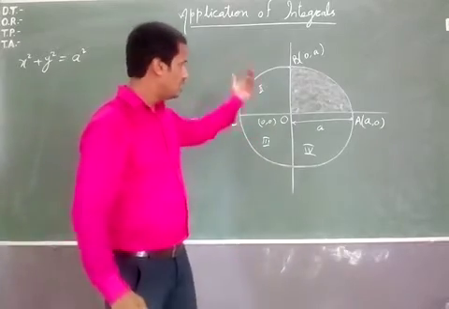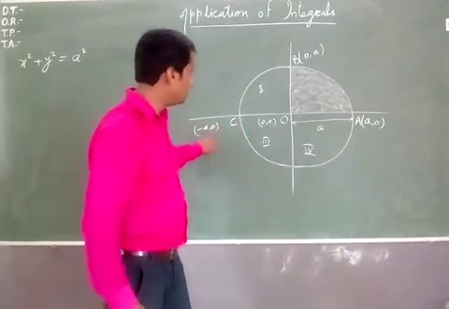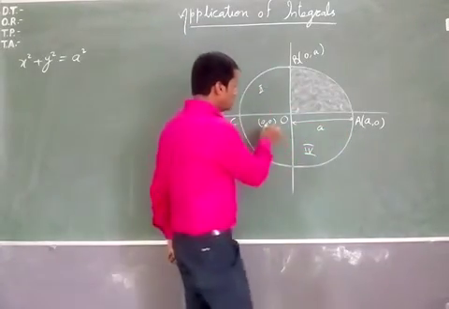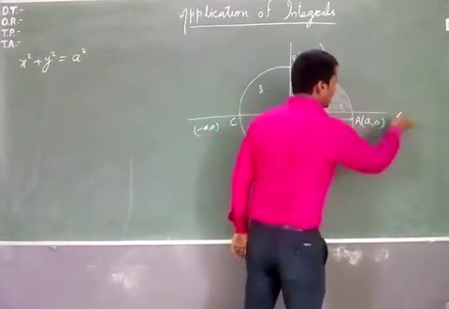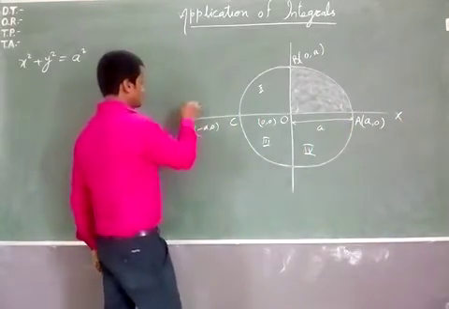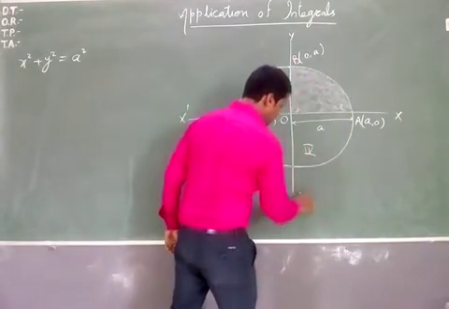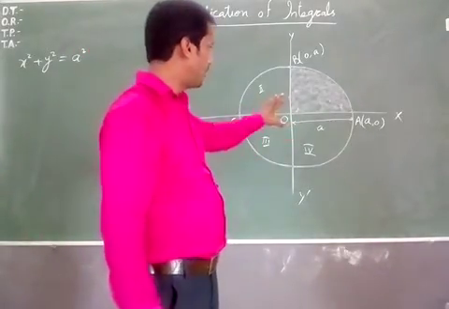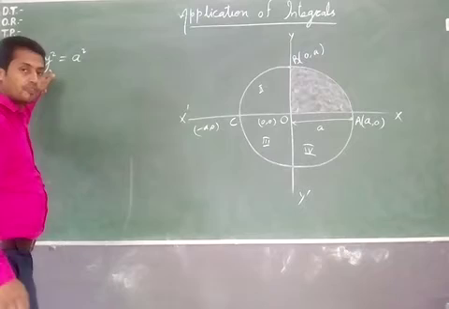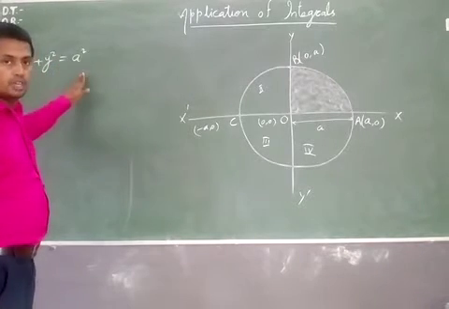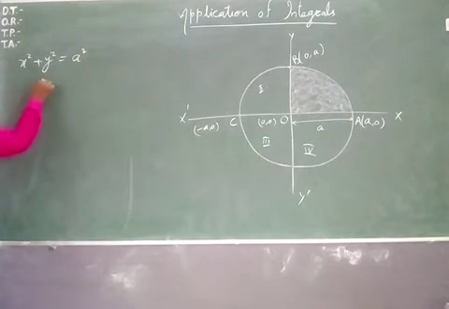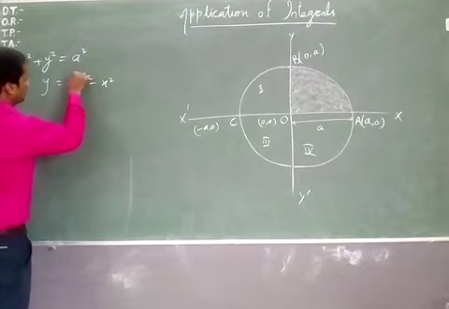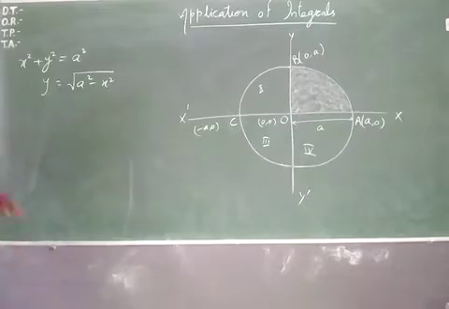If we are using the limit minus a to plus a, then we can multiply by 2, but if we are using the limit 0 to a on x-axis, then we can write here 4 into the value of y, and the value of y we can find with the help of the given equation. So first of all, find the value of y. We can find the required area.